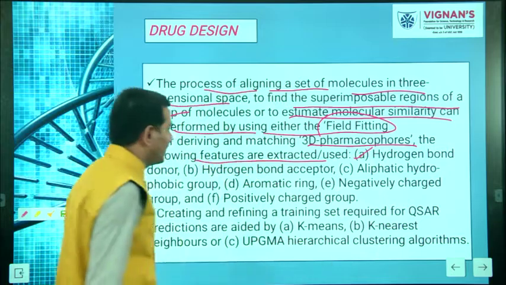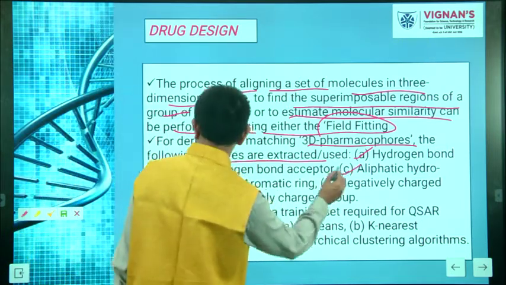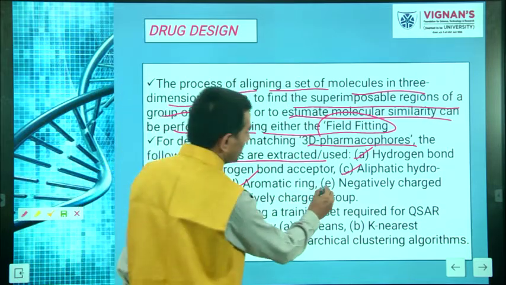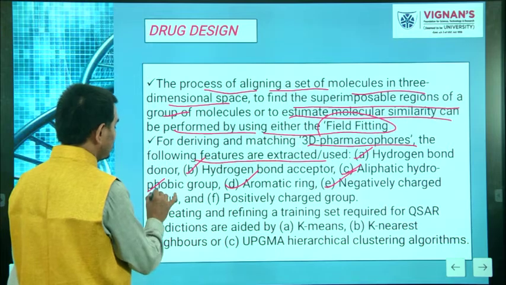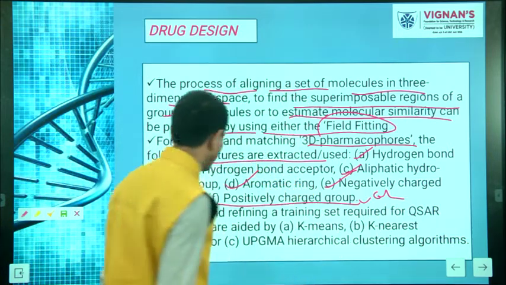And for deriving and matching 3D pharmacophores, the following features are extracted or used. The first one is hydrogen bond donor, second is hydrogen bond acceptor, third is aliphatic hydrophobic group, fourth is aromatic ring, fifth is negatively charged groups, which are anions, and then positively charged groups, which are cations.